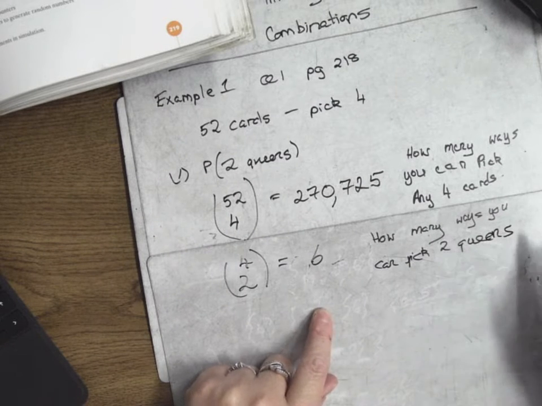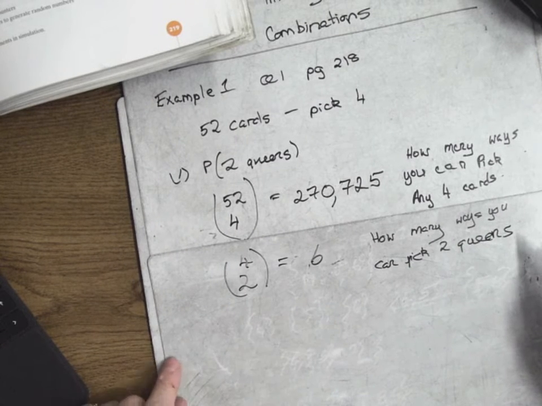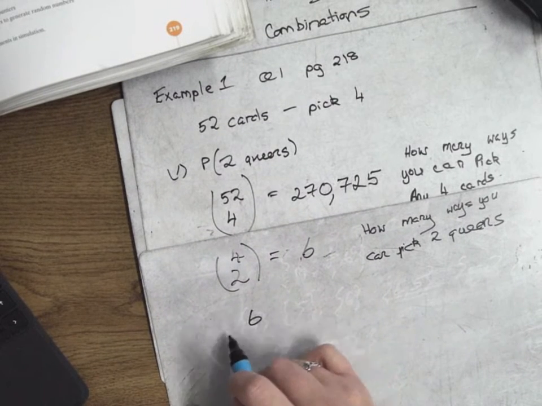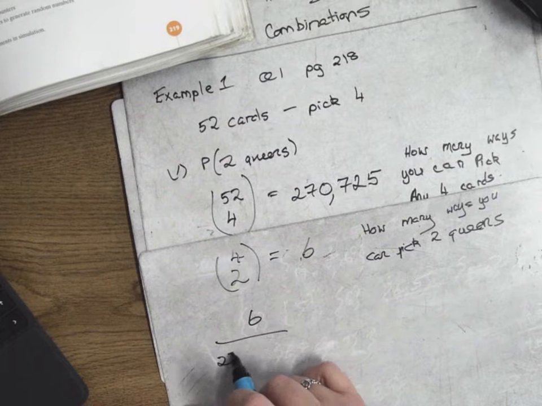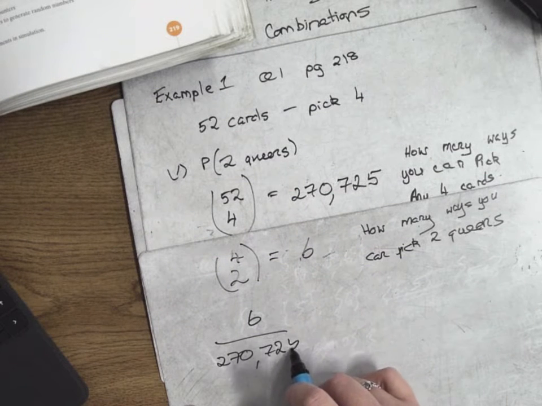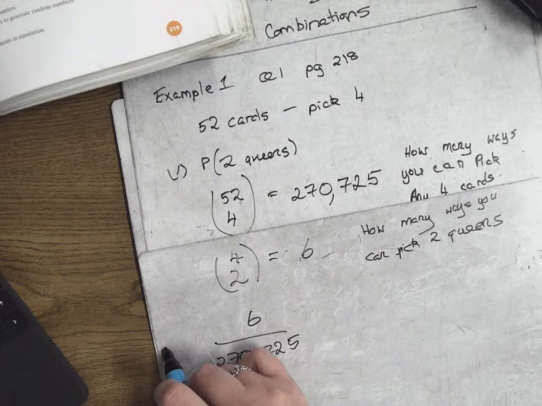So the probability that when you deal 4 cards you get 2 queens is 6 over 270,725.